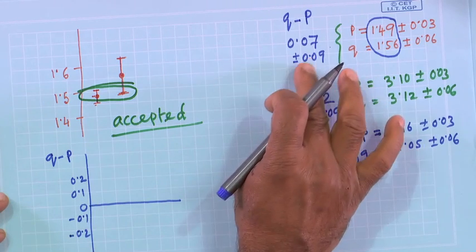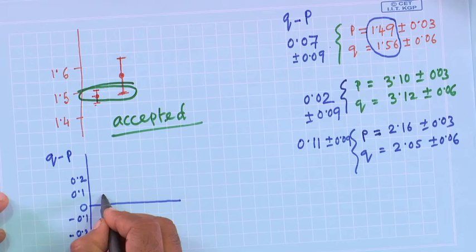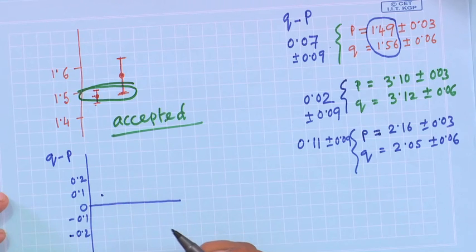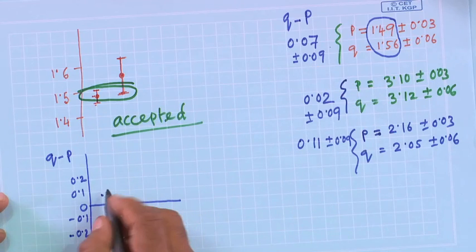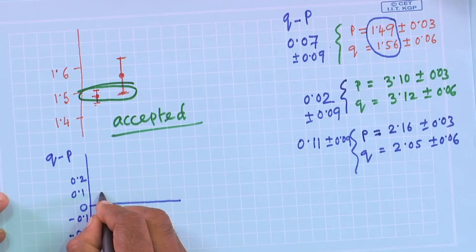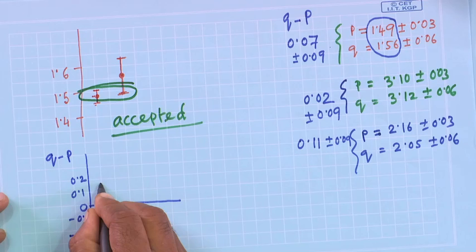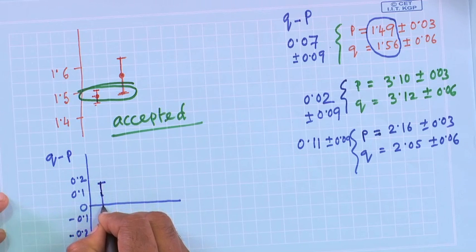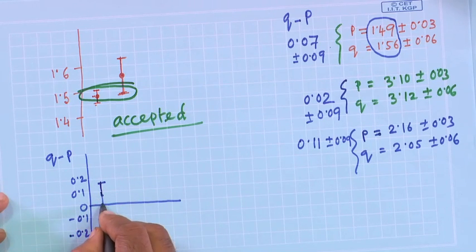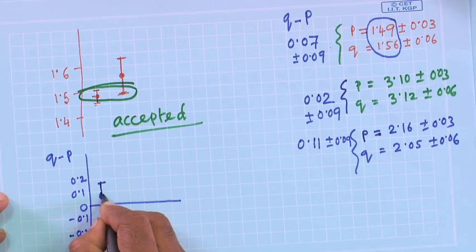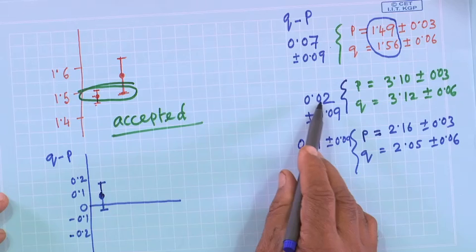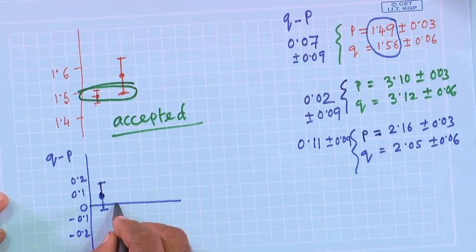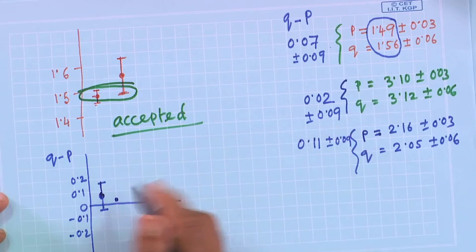Here 0.7 means somewhere here, and then plus minus 0.9, which is 0.1 plus minus. So this is my point. For the second one the difference is 0.2, and then plus minus 0.9.